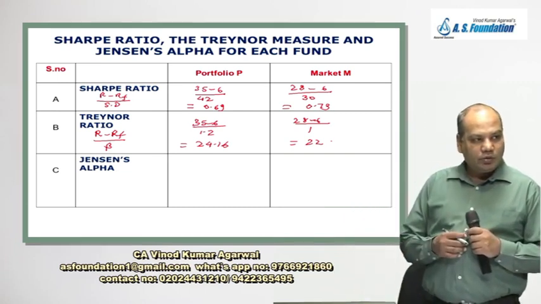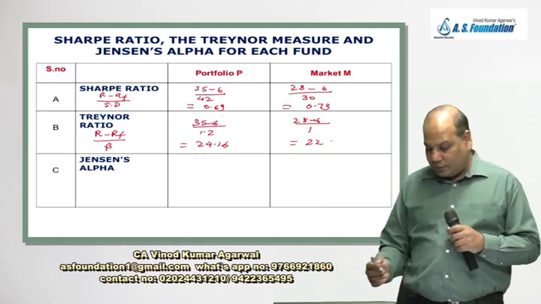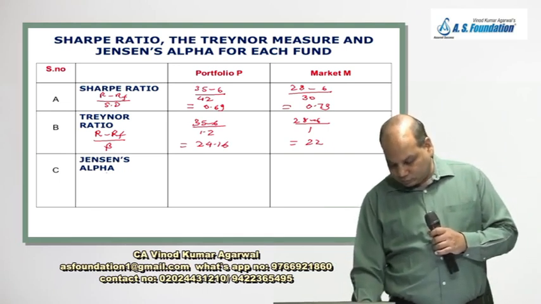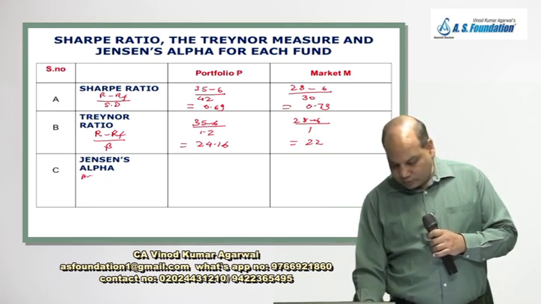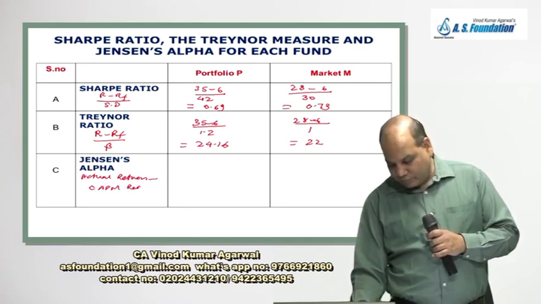Okay, is it right? 22. Jensen's alpha, right formula: actual return minus CAPM return.